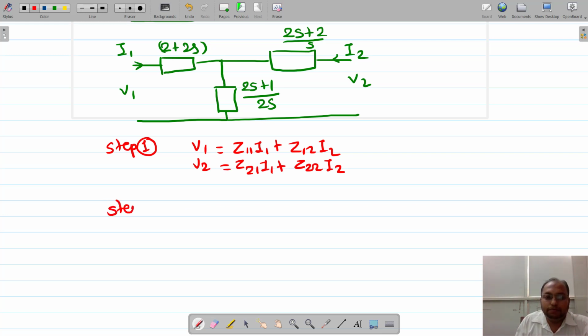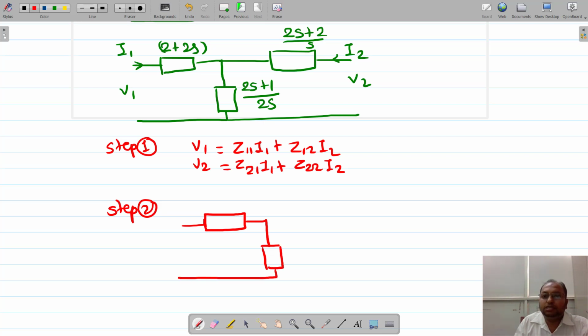So step number 2, I am not going to write the statement now. Over here I am going to directly draw the circuit diagram, and I am going to draw only the interested circuit because this resistor will not be in the picture, as we are going to make I2 equal to 0, right?